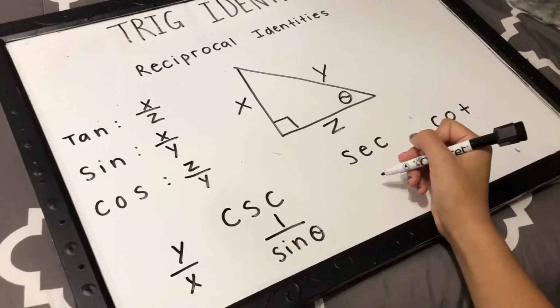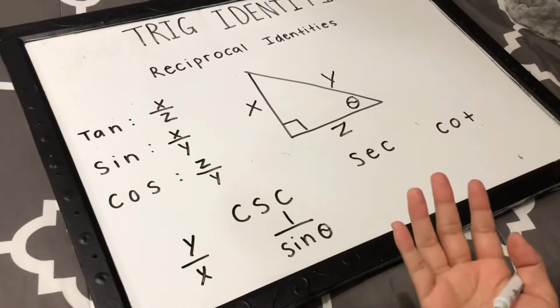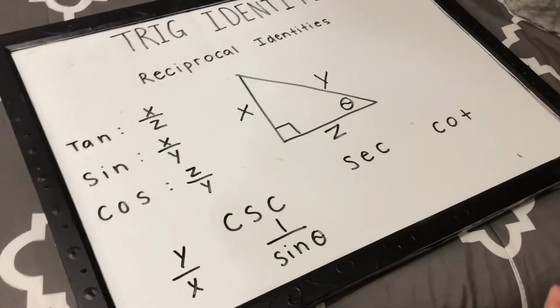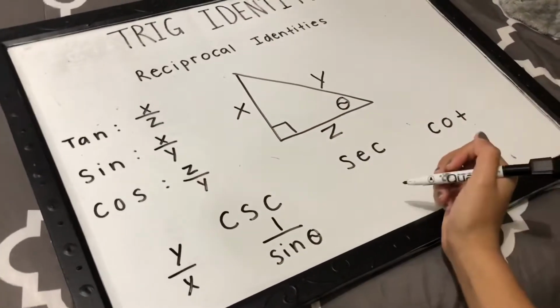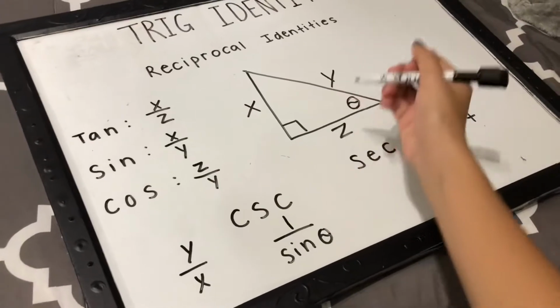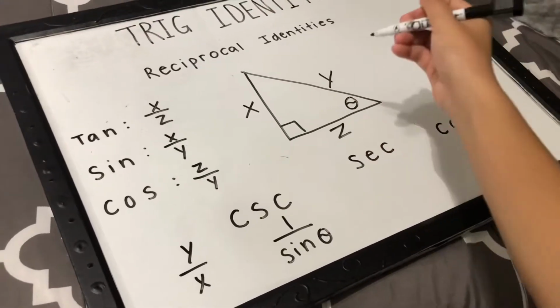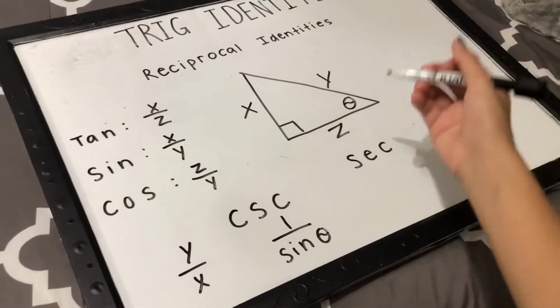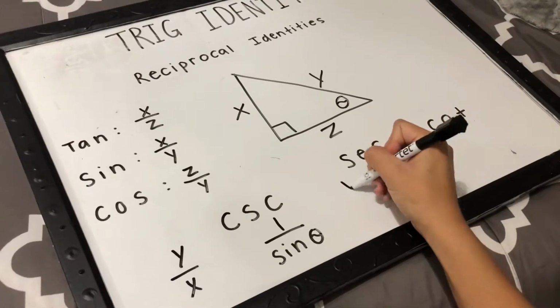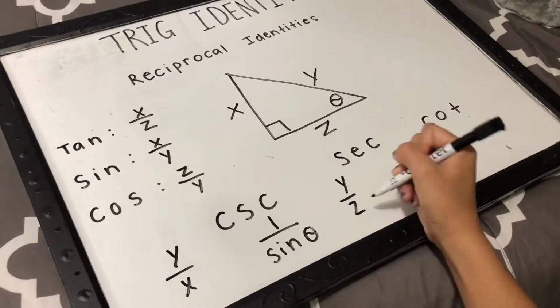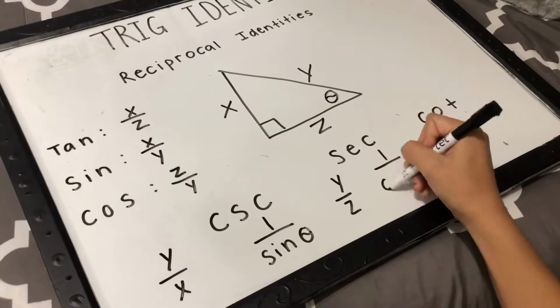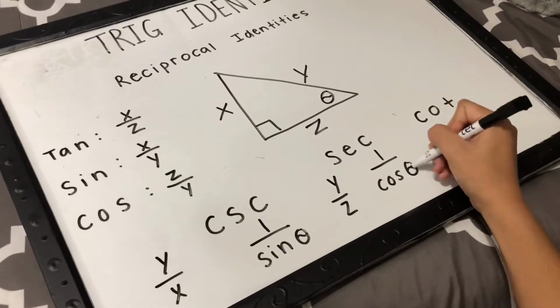The secant has the same relative theory, but it would be applicable to the cosine. So instead of being z over y, the adjacent over hypotenuse, it would be the hypotenuse over the adjacent. So in this case, it would be y over z, or 1 over cosine theta.